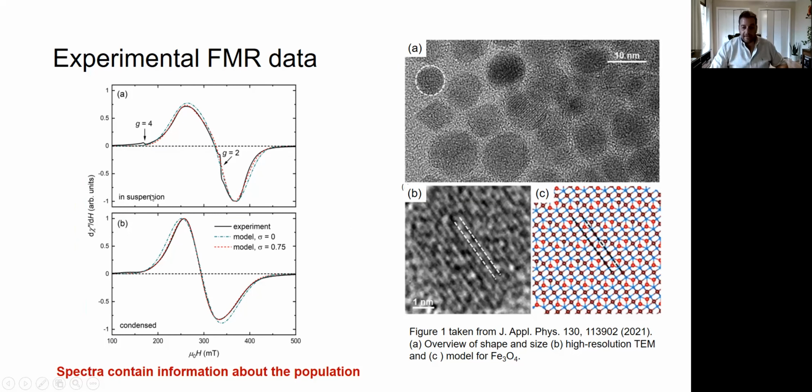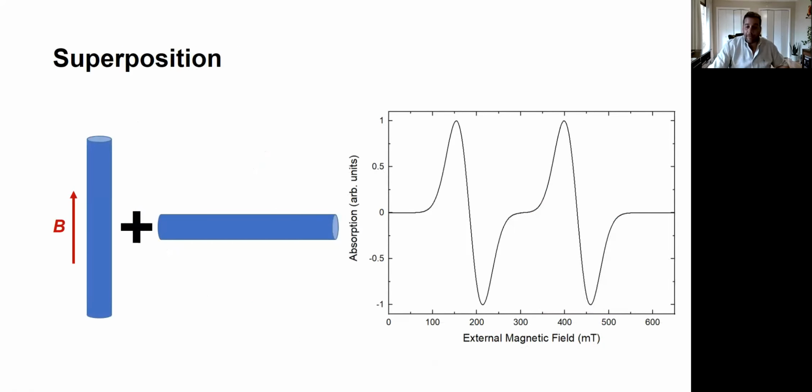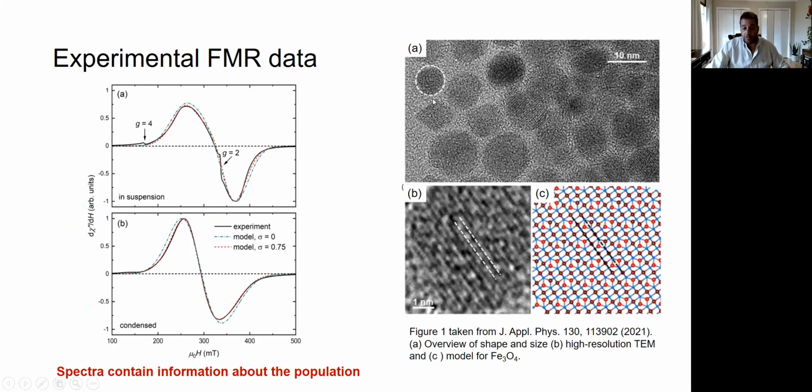So it's asymmetric, it has inhomogeneity. That means this spectrum contains information. Why? Like in the example where we had two objects, they do what we call superposition, so their signals are superimposed and you have both signals in the spectrum. It's the same here, but here we don't have two. We have millions of particles that are maybe turned in different directions or have different shapes and so on. This superposition gives us this.